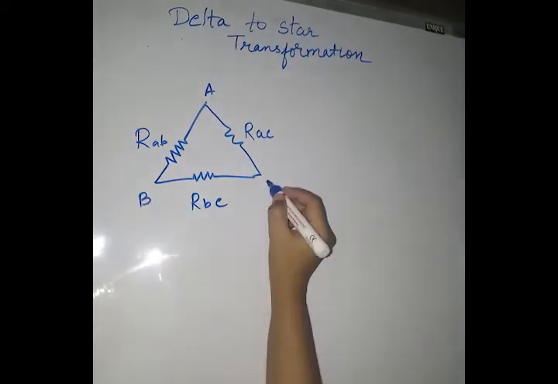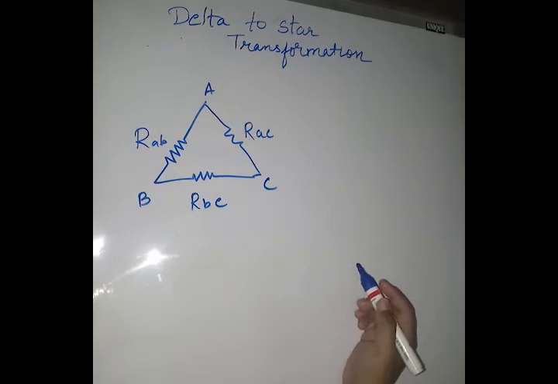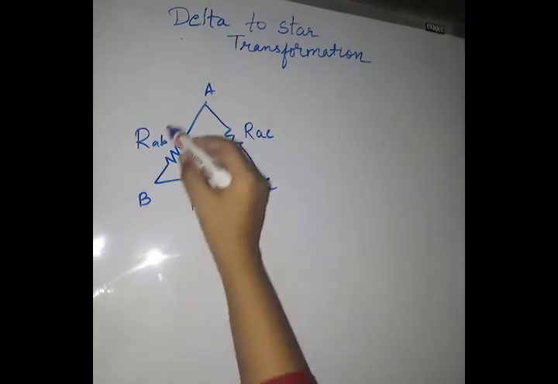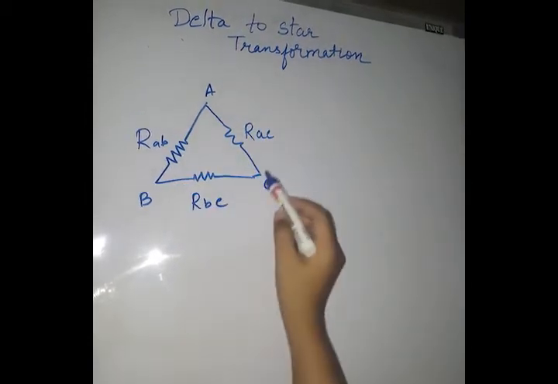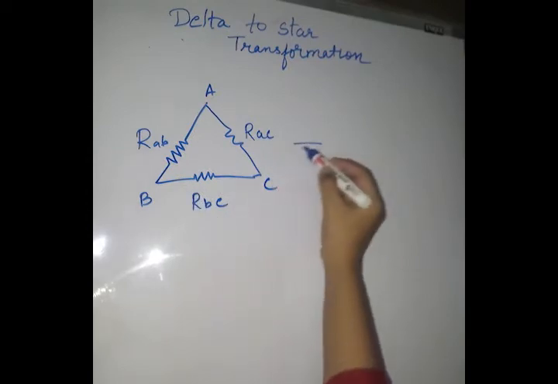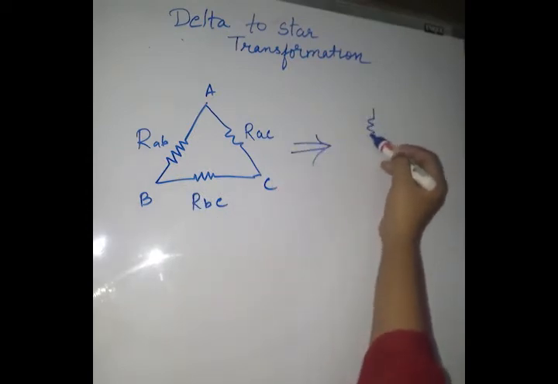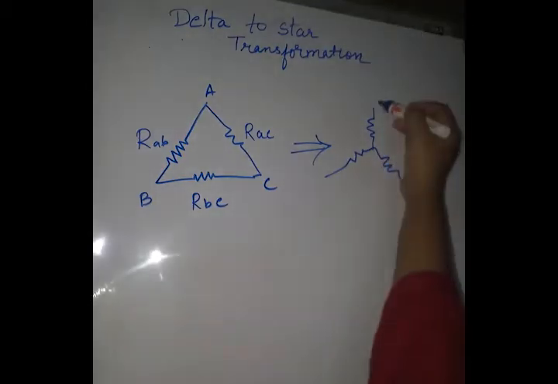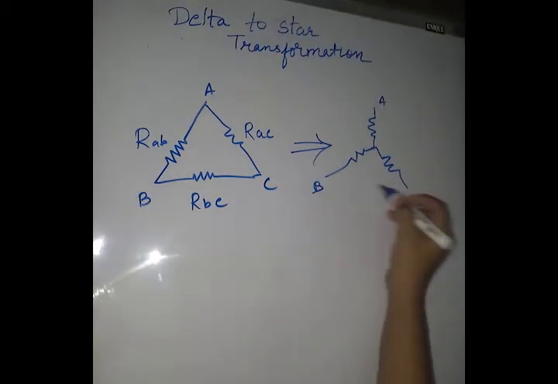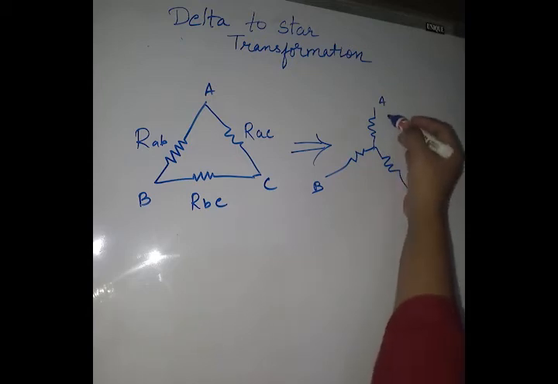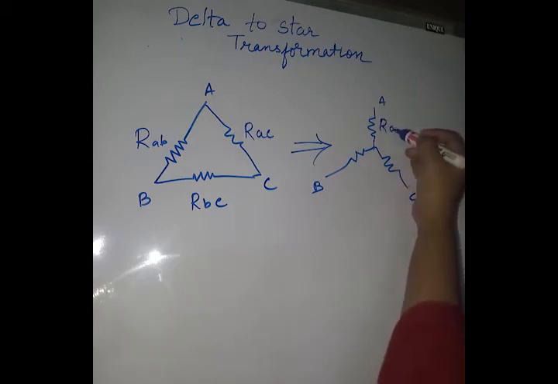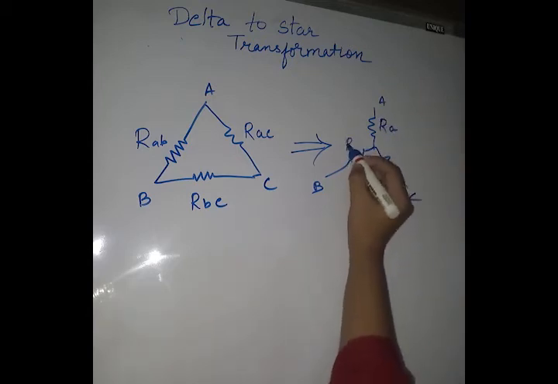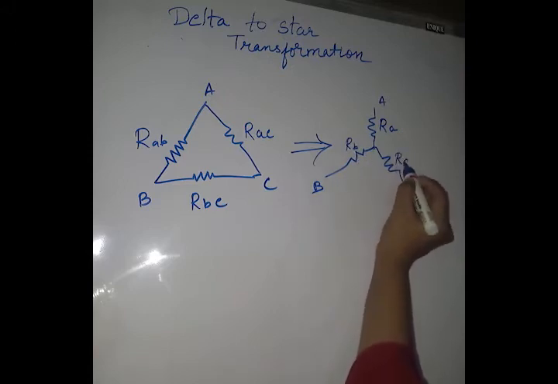This is A, this is B, and we are required to convert this delta form to star transformation. That is like this, with A, B, C, and each resistance value is given as RA, RB, and RC.